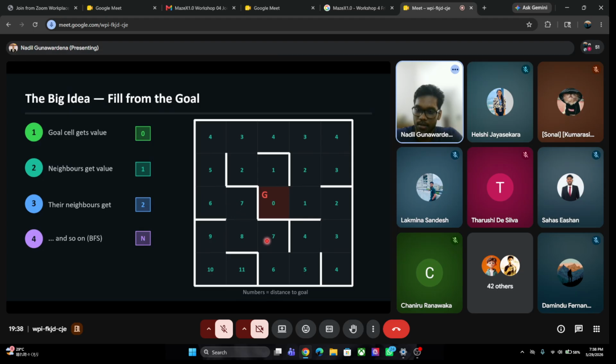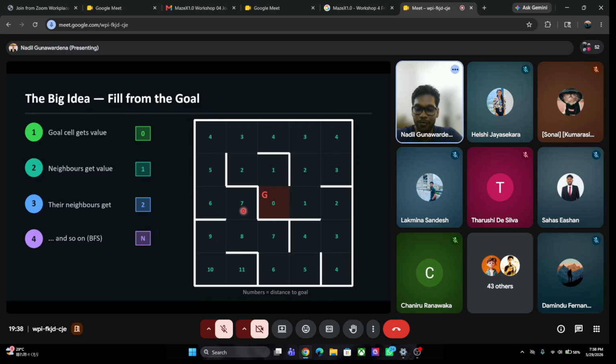Why is that? That's because from the goal cell to these cells, there is a wall. So you can't go to these cells directly. You have to follow this path to go into this number 7. That's why they weren't given number 1, because they are not neighbors.